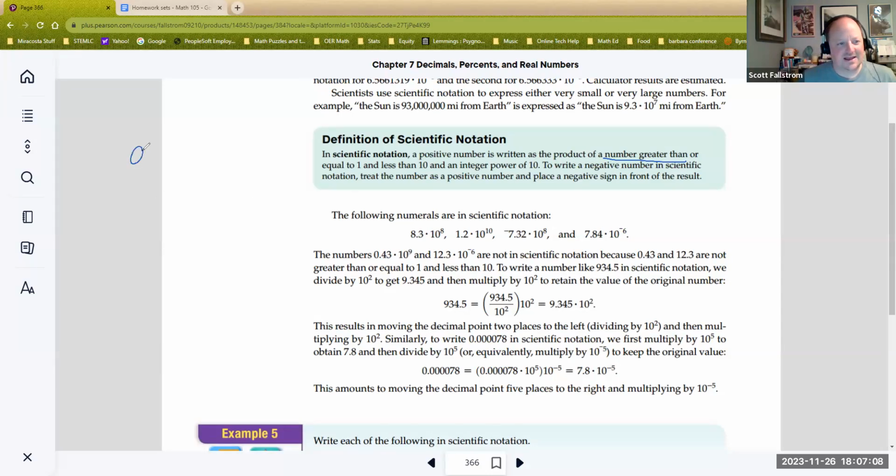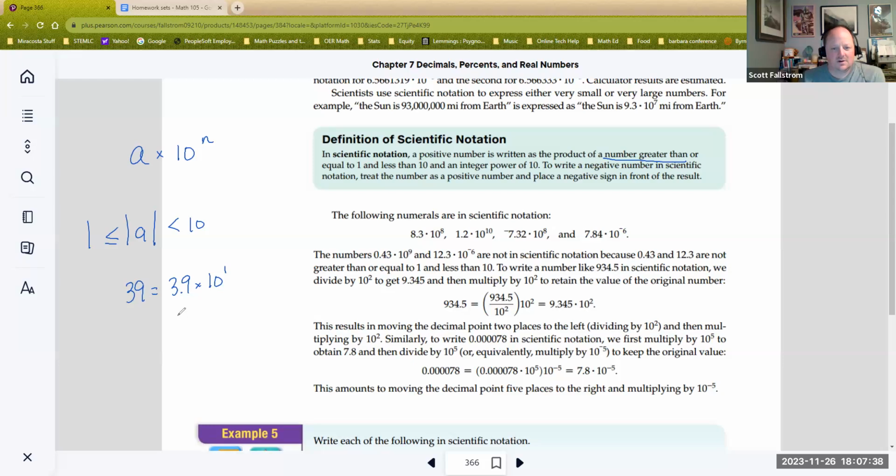It looks like this: a times 10 to some power. And what do we know? The absolute value of a has to be between 1, it can be 1, and no more than 10. So like the number 39, we would write that as 3.9 times 10 to the first power, because we're thinking of it as being multiplied by 10.